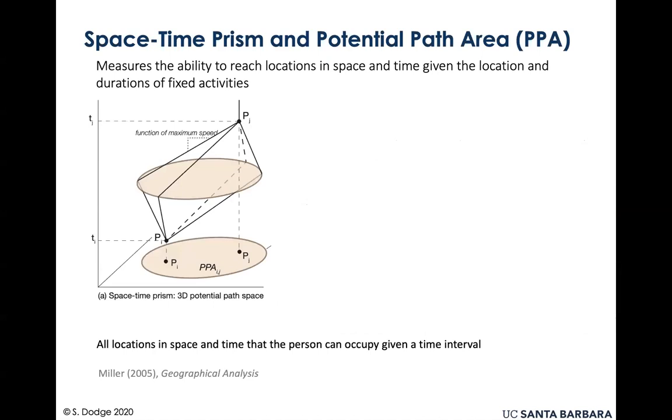I use a space-time prism as a base for the time geography framework, which identifies the area that is accessible to an entity over a period of time, based on the time budget that we have and the speed of the entity. That's the prism, or the area that an entity can reach over time, depending on the maximum speed that an entity has.